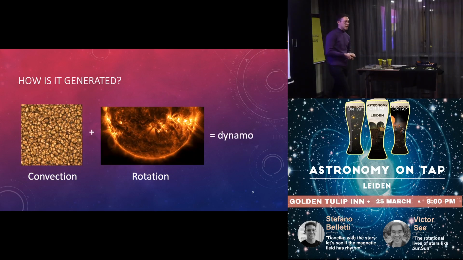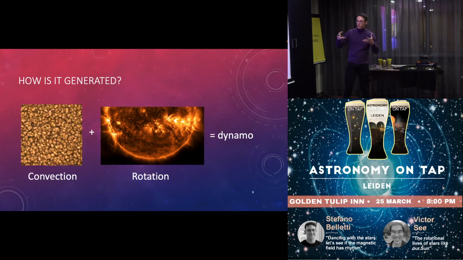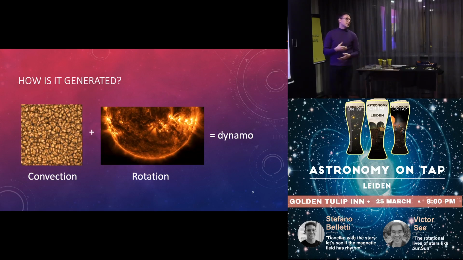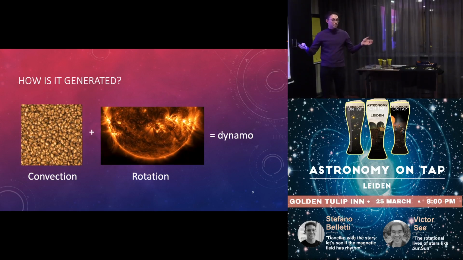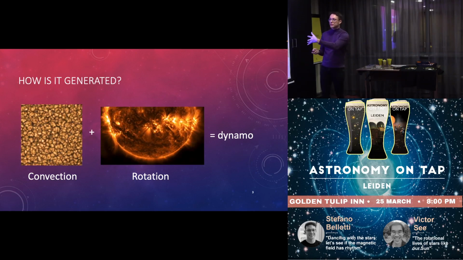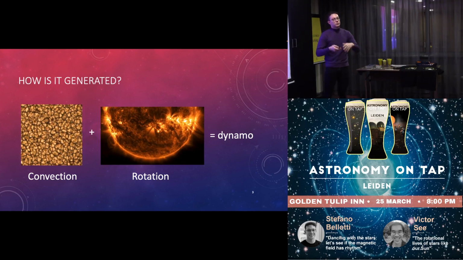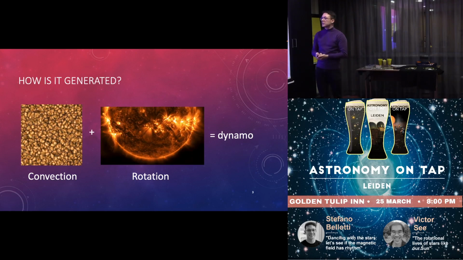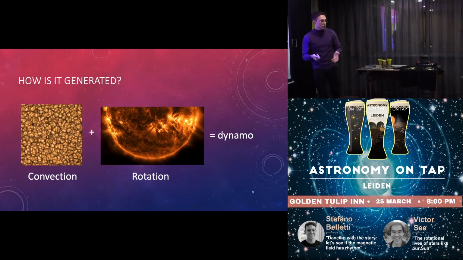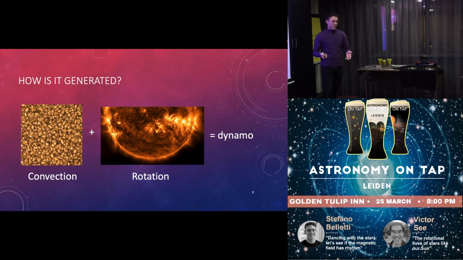We have something called dynamo. And that is what generates and sustains the magnetic field of stars throughout their lifetime. So this is the theory in a nutshell, which is, of course, really simple in these terms. It can explain a lot of stuff, as I was saying, but not everything.